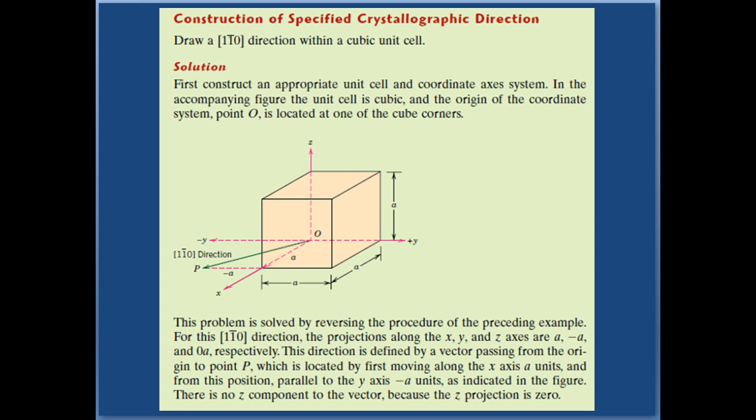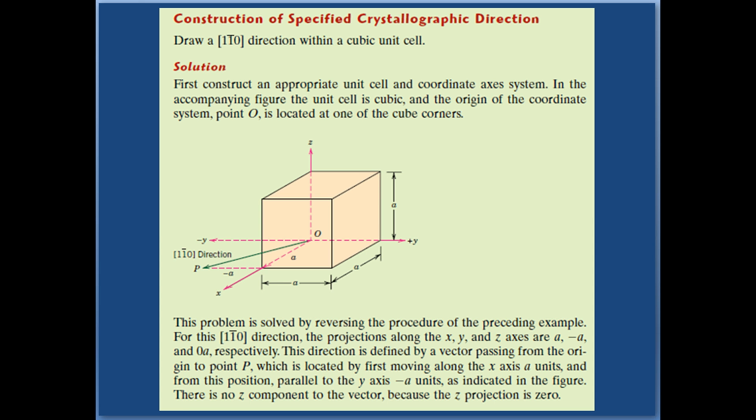The projections along the x, y and z axes are a, minus a and 0a respectively. These are my projections according to the direction given in this problem. The 1 bar is going to indicate the negative direction.